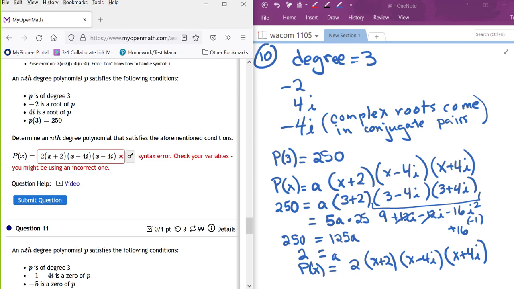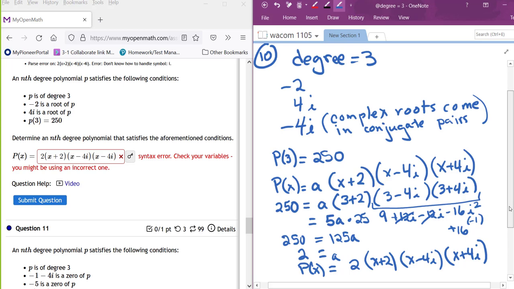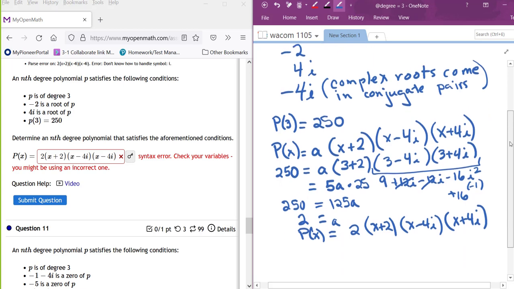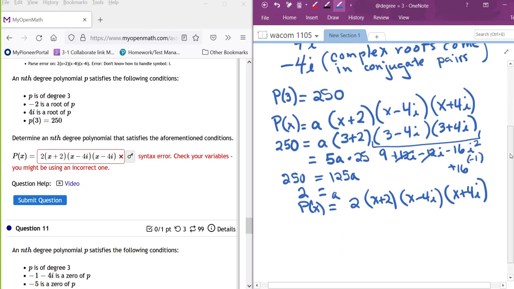So we will have to multiply this out. I would do these two first, because you're going to get canceling. So you have x squared plus 4xi minus 4xi, and this will be minus 16i squared.